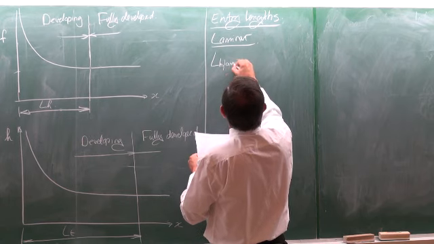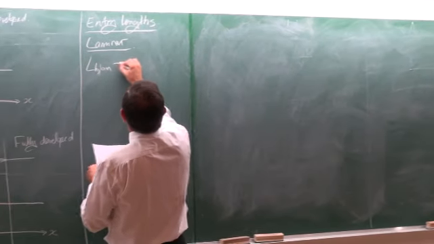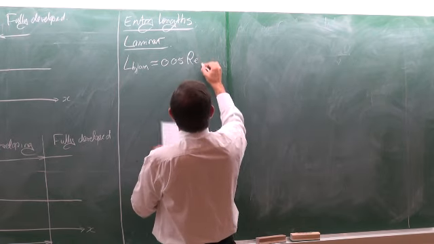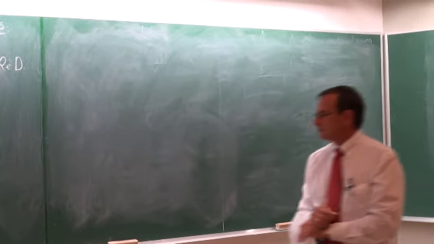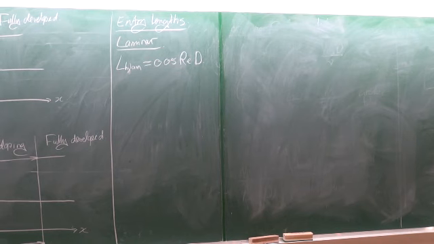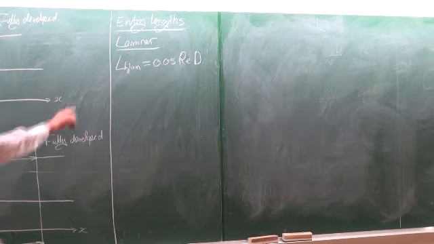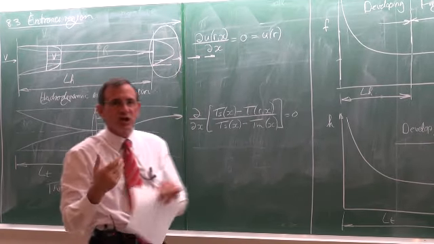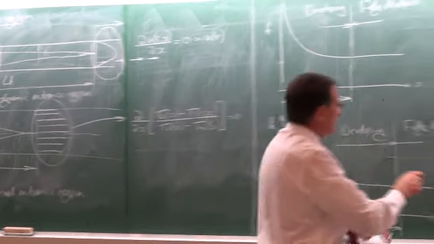For laminar flow, LH can be written as approximately 0.05 times the Reynolds number multiplied by the diameter. This comes from measurements which show that the shear forces are within 2% of the fully developed ones. So that is the criteria which is being used. 2% of the shear forces.